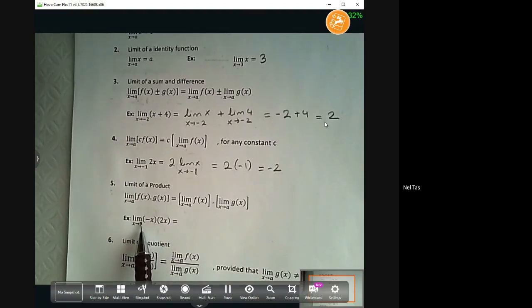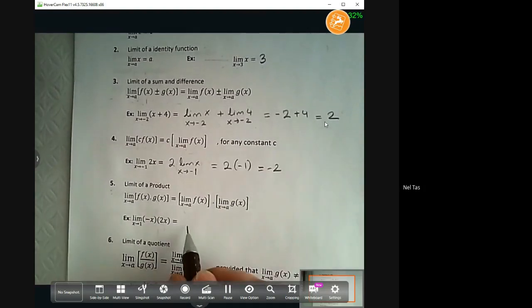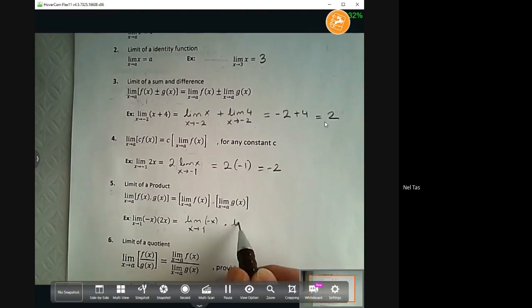Let's say we have limit of -x times 2x. So you can consider -x as f of x, 2x as g of x. So we can write this as limit of -x as x approaches 1 times limit of 2x as x approaches 1.